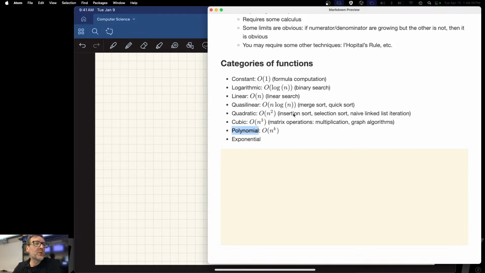However, if you take a closer look at a lot of those, they're not really cubic. They're slightly less than quadratic, because the input is already quadratic. If you have an n by n matrix, what is the input size? N squared. So you can't really say it's n cubed with respect to the input size.